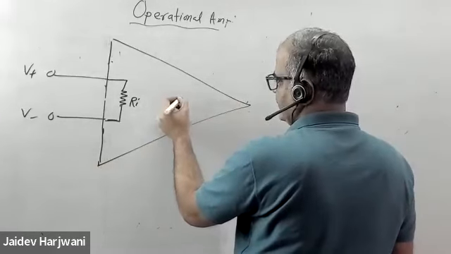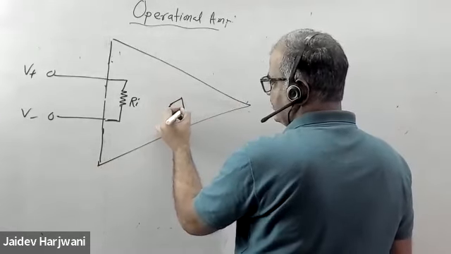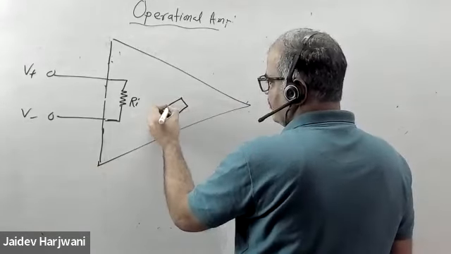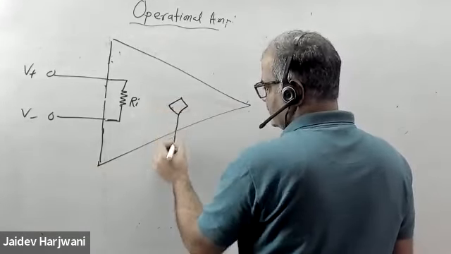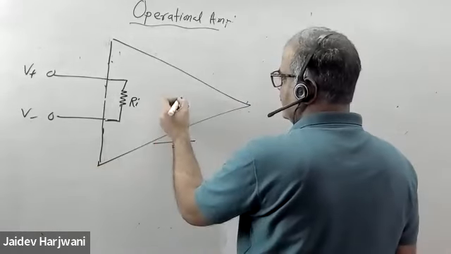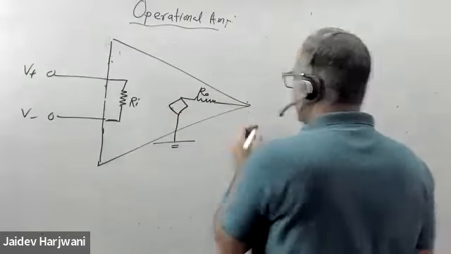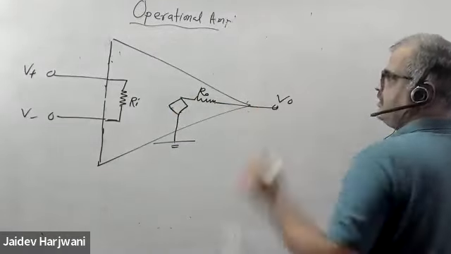You have a diamond shaped symbol. The diamond shaped symbol is basically used for voltage dependent sources. This is grounded, and here you have a resistance, the output resistance called R naught, and here you are getting V naught.